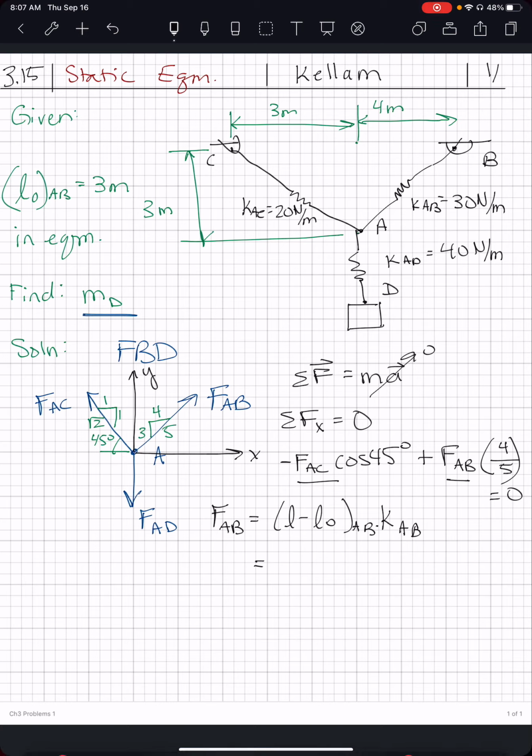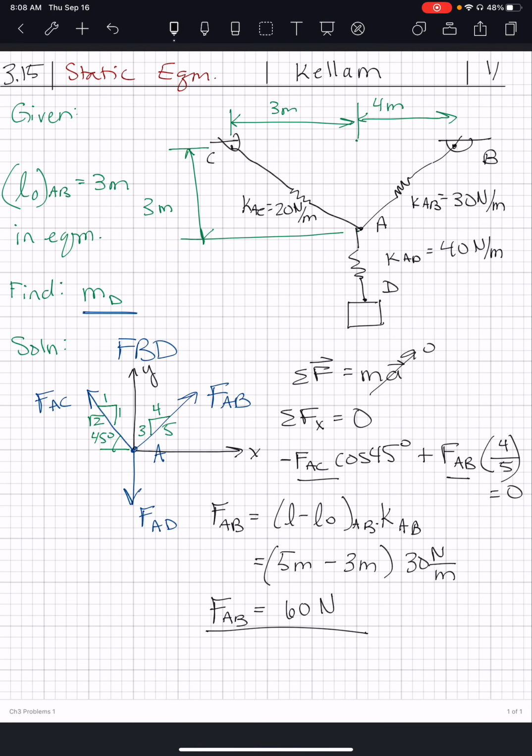The stretched length is 5 meters, since it's a 3-4-5 triangle, minus the unstretched length of 3 meters, which they gave us in the problem, times the spring constant KAB, which is 30 newtons per meter, also given in the problem statement. That gives us 60 newtons for FAB.